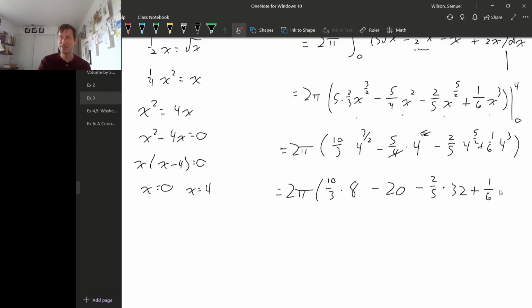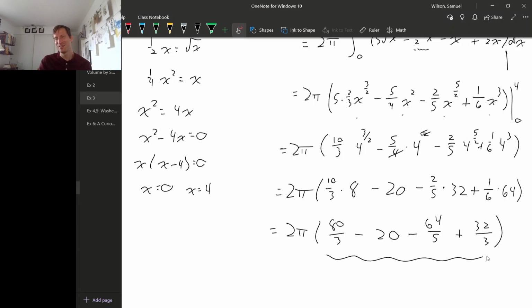So 1/6 times 64. Okay, so 2 pi times, let's see, 80/3 minus 20 minus 64/5 plus, I guess we can simplify this, 32/3. Yes. Okay. And then, you know, to get an actual numerical result, we need to evaluate all this fraction arithmetic, but I think you get the idea. You can do the arithmetic for yourself if you like.